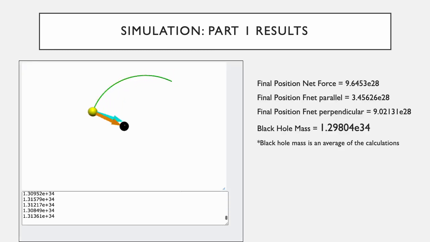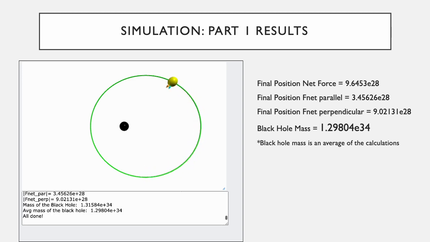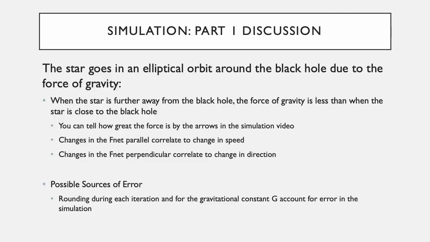So here are some of the results of simulation part one. You can see the net force in the parallel and perpendicular and the mass of the black hole. If you take a good look at the video, there are arrows to show the perpendicular, the parallel, and the net force. They do a good job of showing it.